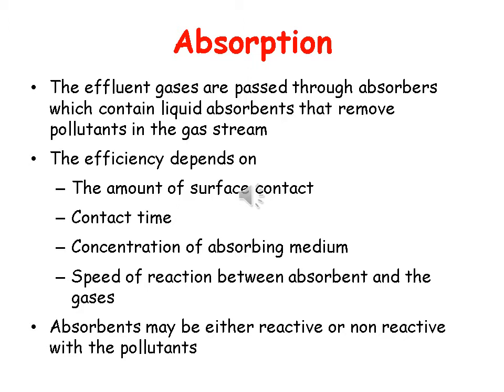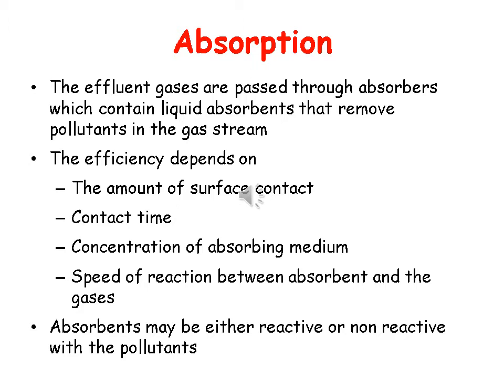First one, amount of surface contact. There are two phases, gas phase and liquid phase, so the amount of surface contact is very important. Then the second one is contact time. At the same time, concentration of absorbing medium.